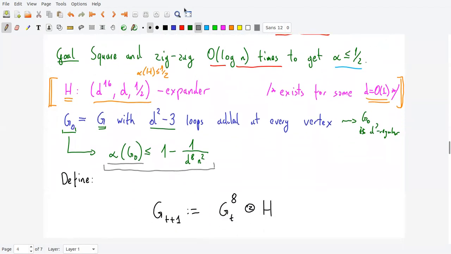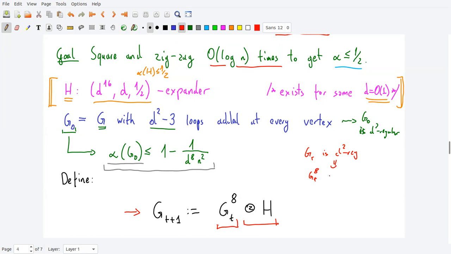The construction is very similar to what we were doing the last time: starting from G0, we iteratively take the 8th power of the current graph and zigzag it with the base graph. So in particular, if GT is d square regular, this means that GT to the power 8 is d to the 16 regular.